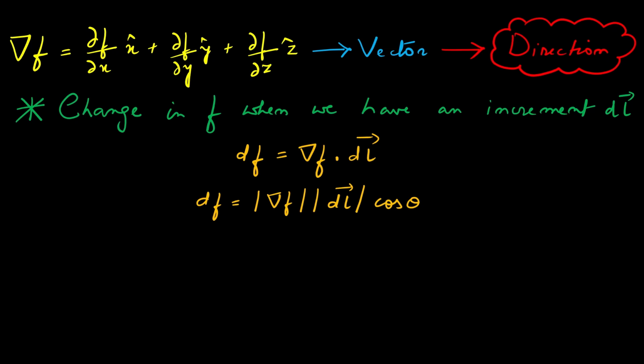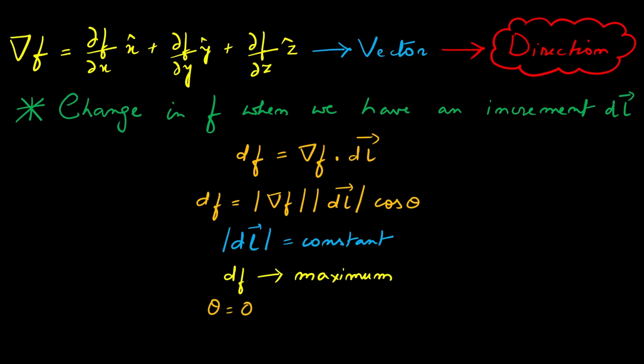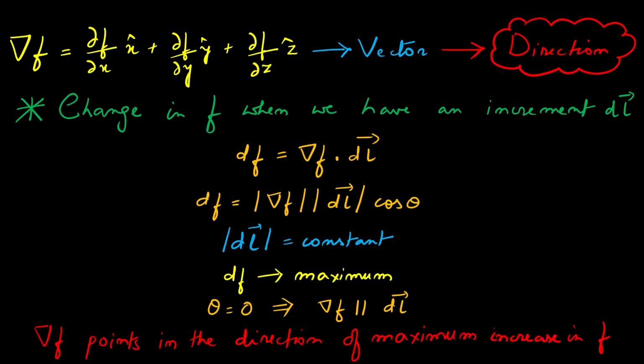Now, if I keep this increment vector magnitude constant, then df will be maximum when theta is equal to 0. But what does theta equal to 0 mean? It means the gradient of f is parallel to the increment vector. So using this logic, we can say that the gradient of f points in the direction of maximum increase in f.